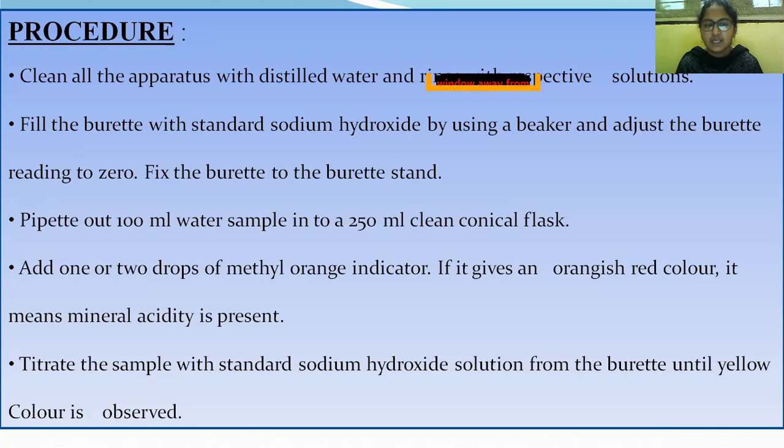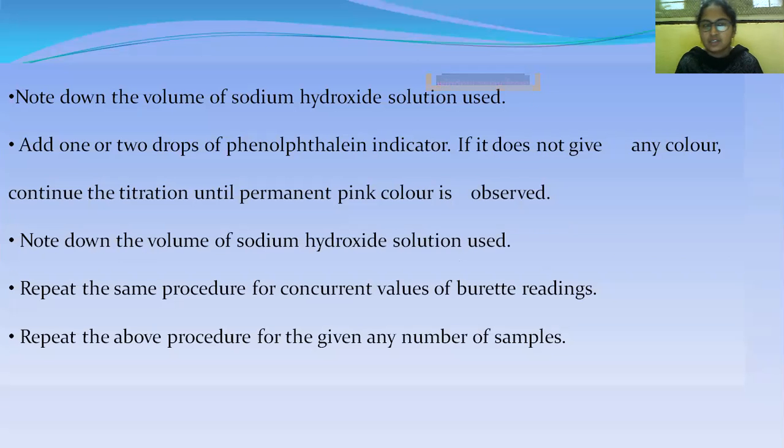Otherwise, titrate the sample with standard sodium hydroxide solution from the burette until yellow color is observed. Note down the volume of sodium hydroxide solution used. Now add 1 or 2 drops of phenolphthalein indicator.